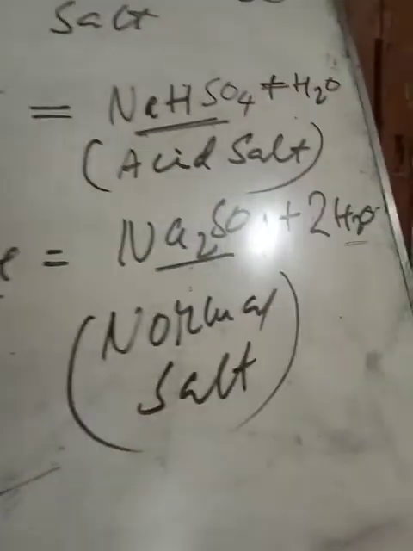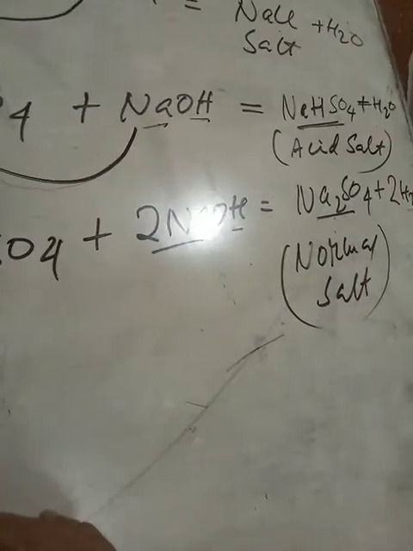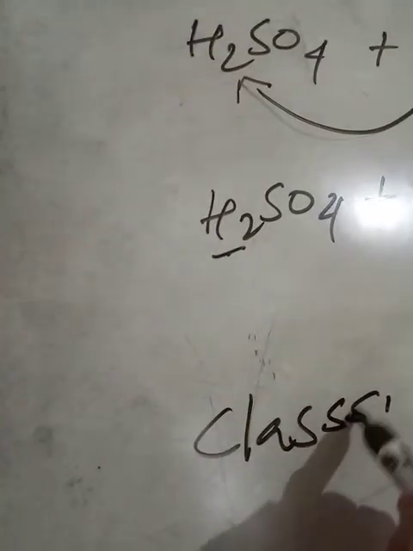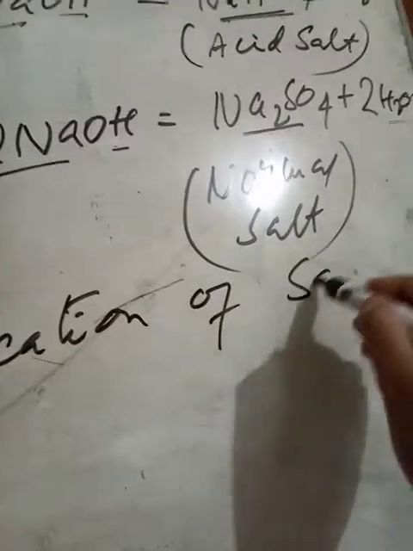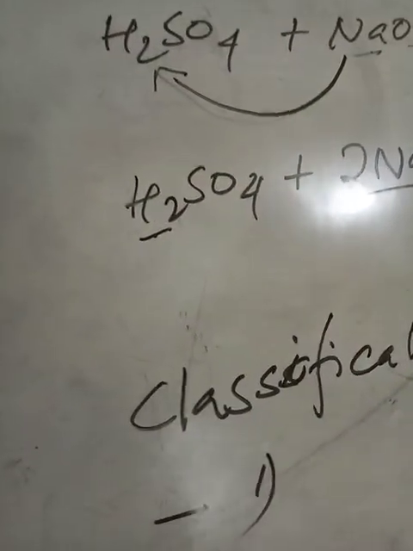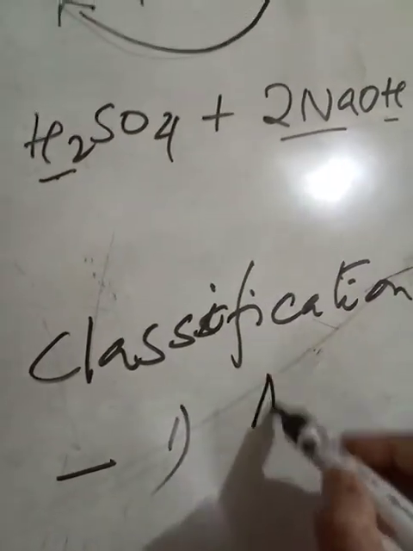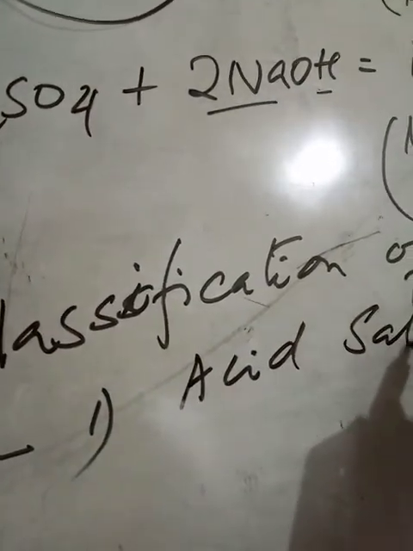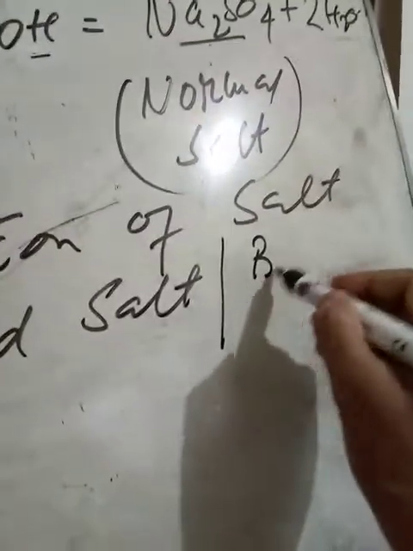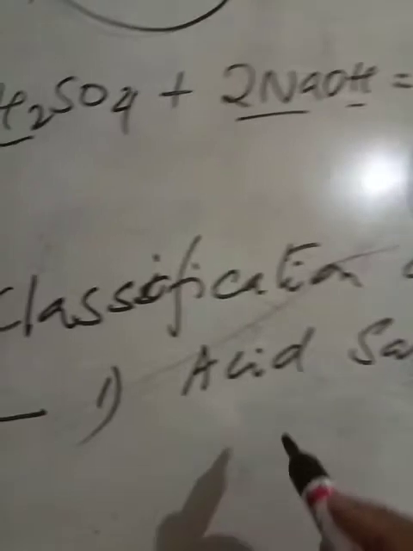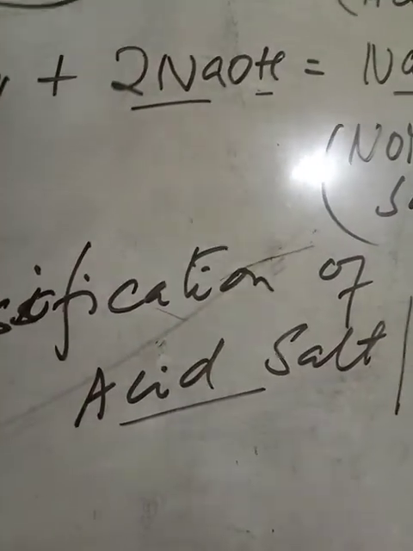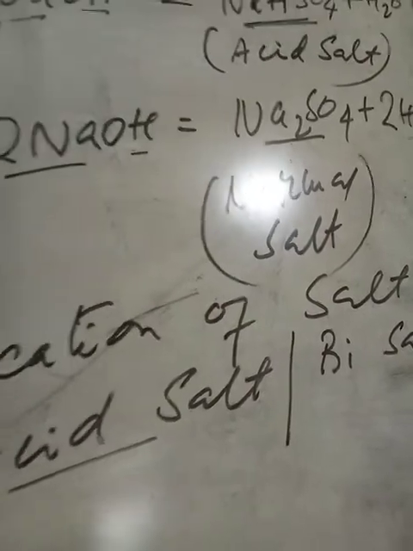So you may classify salt. Classifications of salt. Number 1, acid salt or bisalt, which is produced by partial replacement of hydrogen.